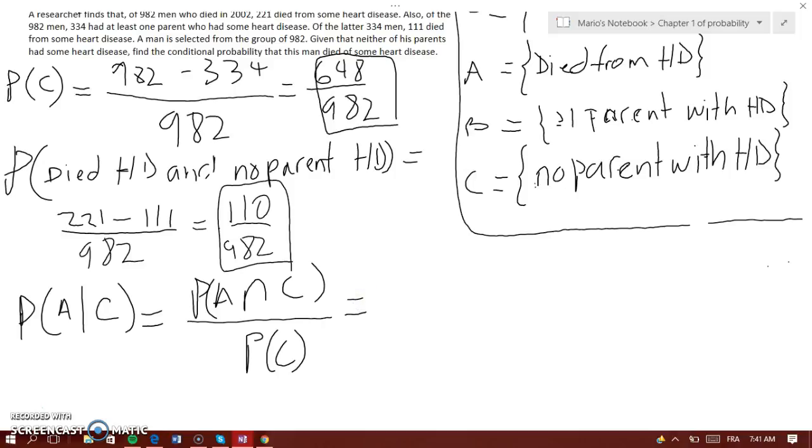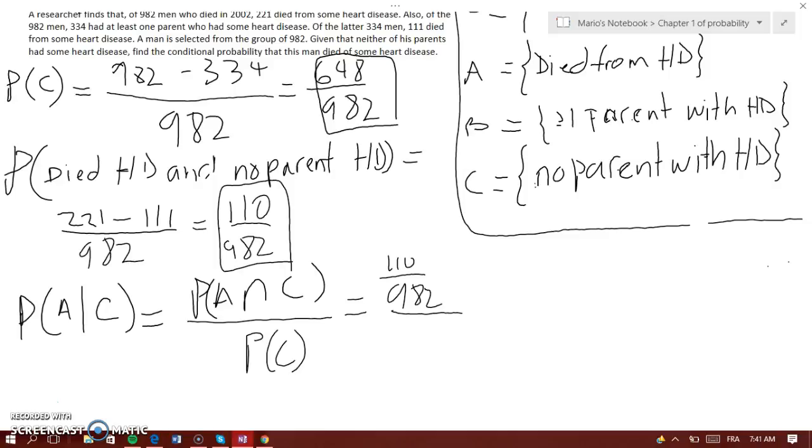And P of A intersection C is equal to 110, because 110 out of 982 is what we found with men who died with no parents having heart disease.